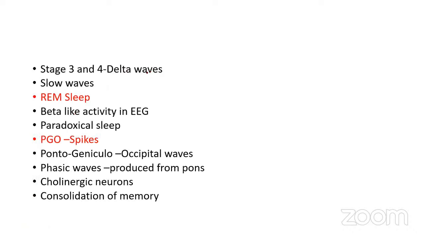And stage 3 and stage 4 are both stages of deep sleep. So we have to get large amplitude waves, delta waves. So let's recollect. In stage 1, we get theta waves.